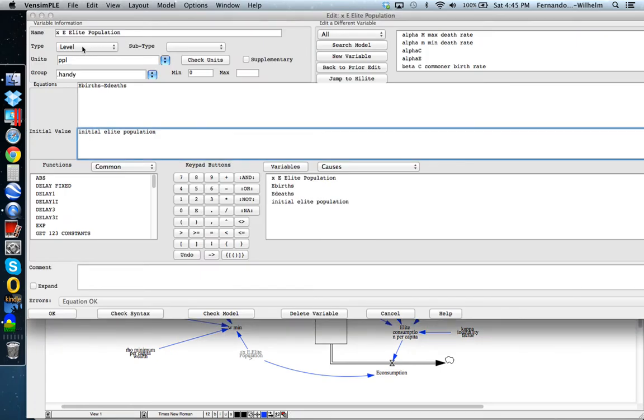It's the elite population. It's a level variable, a stock. It's got units of people, abbreviated PPL, and it's equal to the births of the elite minus the deaths of the elites, E births minus E deaths, and it's got an initial value, which is the initial elite population.